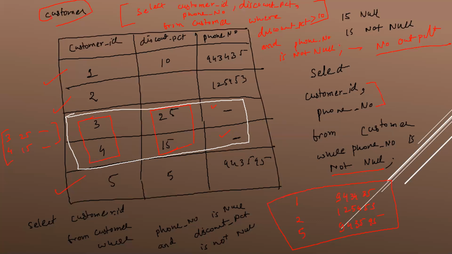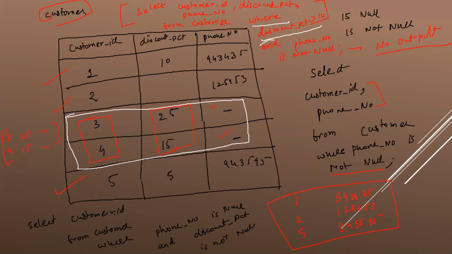What we are doing is looking at the where clause. We want to satisfy all the conditions mentioned in the where clause: discount percentage should be greater than 10 and phone number is not supposed to be null. In that case, we got these 2 results.